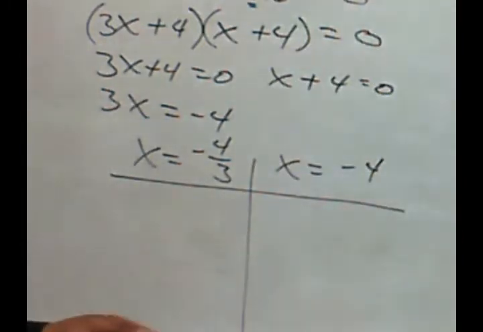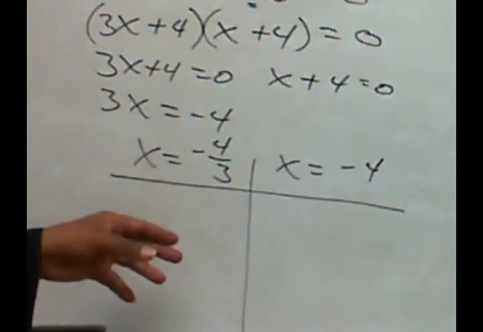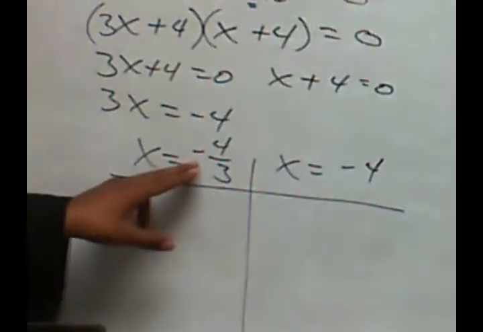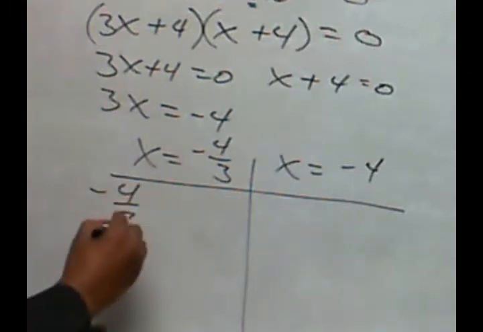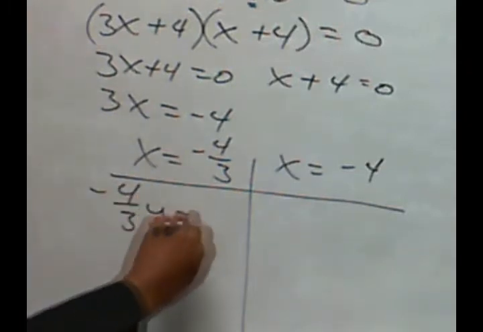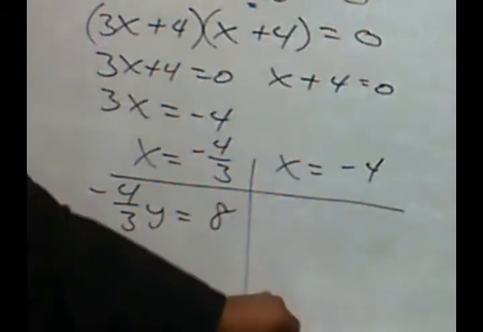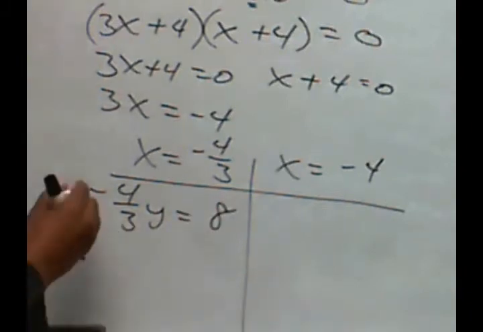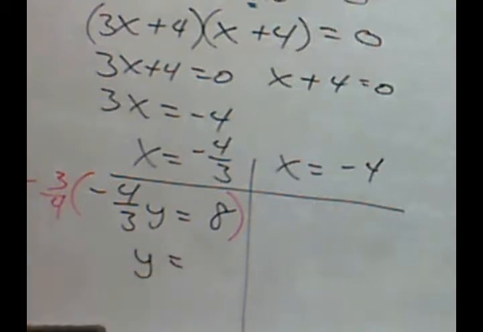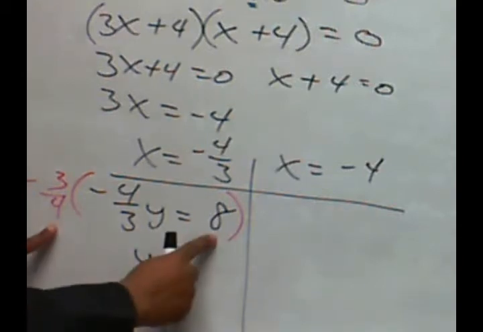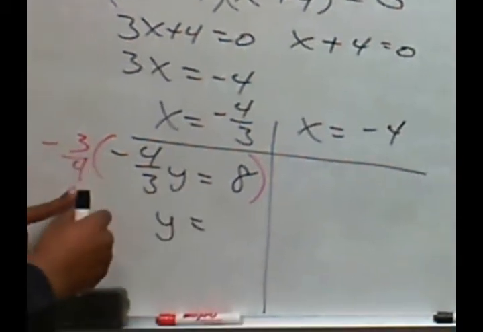Now we have two solutions, which means that we have two replacements for x. If x is negative 4/3, I can replace it here and have negative 4/3 y equals 8. Then I will multiply both sides by a negative 3/4, which will give me y. 8 divided by 4 is 2. 2 times 3 is 6.